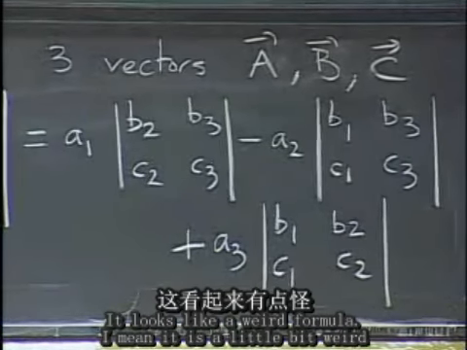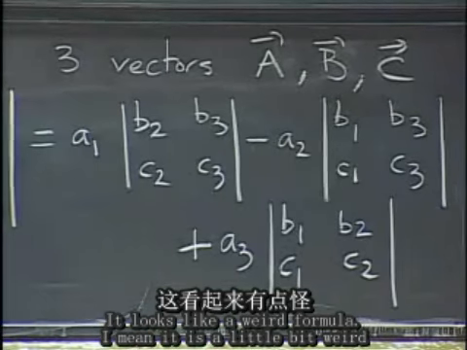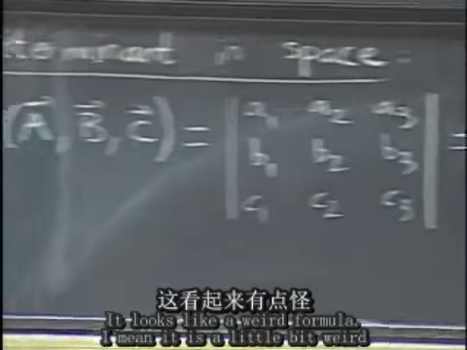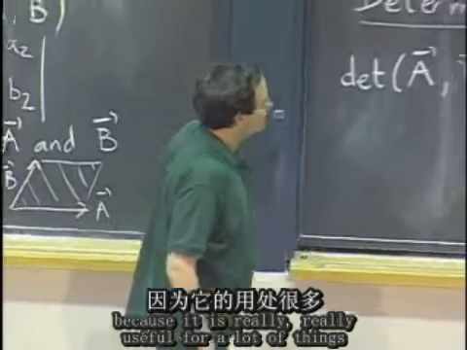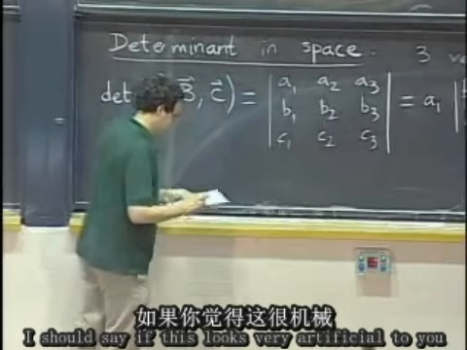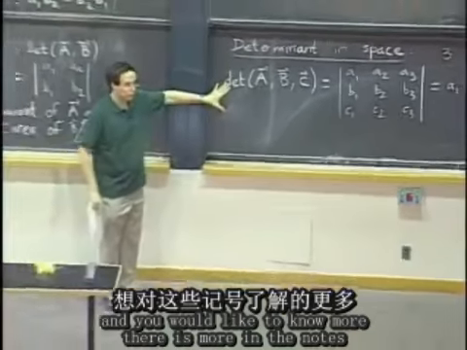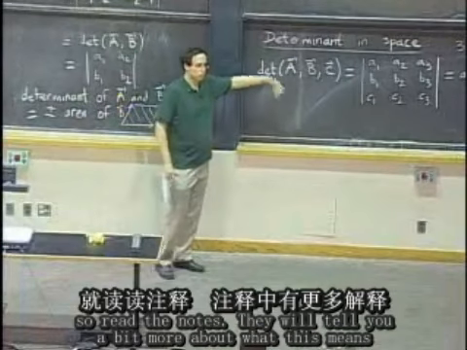Well, it looks like a weird formula. It is a little bit weird, but it's a formula that you should learn because it's really useful for a lot of things. If it looks very artificial to you and you'd like to know more, there's more in the notes, so read the notes.